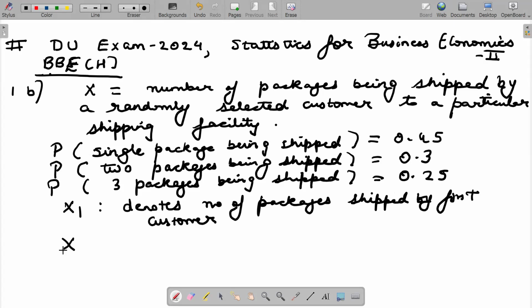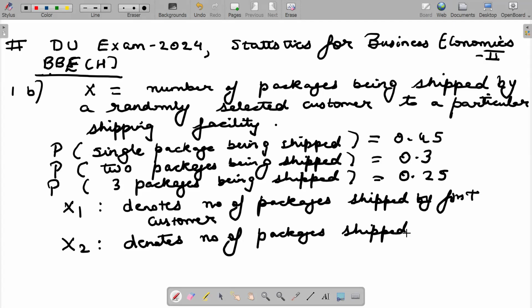X2 denotes the number of packages shipped by the second customer.